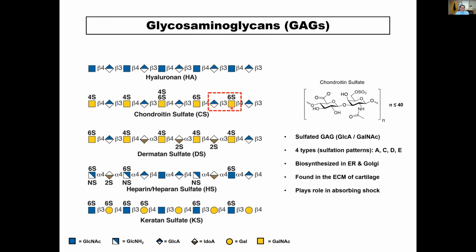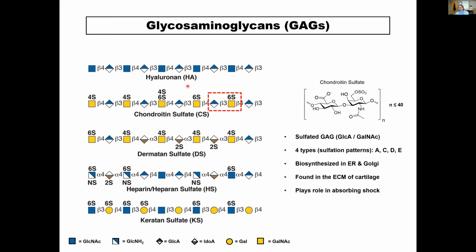Typically, it can be sulfated at the 4 or 6 position, so here or here. Because it's sulfated at these positions, chondroitin sulfate has a high negative charge, which allows it to interact with many different growth factors and proteins, as well as other linker proteins that we'll talk about in a second.